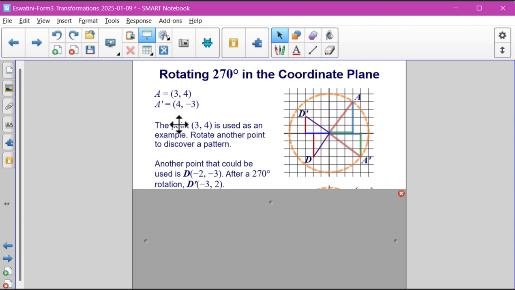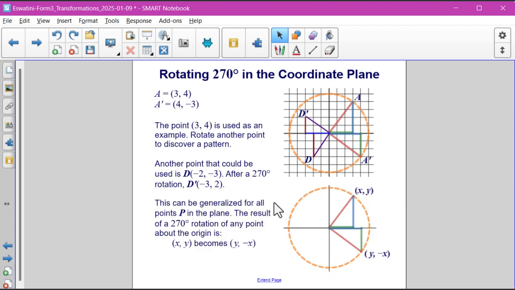So we were at 3, 4 for A, and A prime was 4, negative 3. D was negative 2, negative 3, and after rotating it, it became negative 3, 2. Well, it looks like the x and y switched places and the sign of our new y, or our original x value, changed.